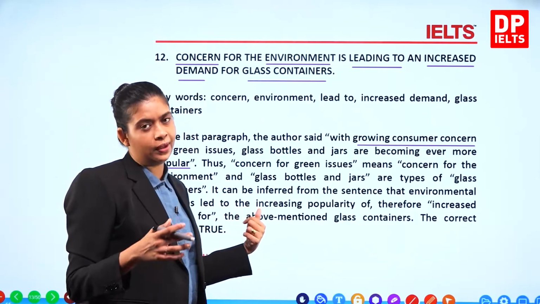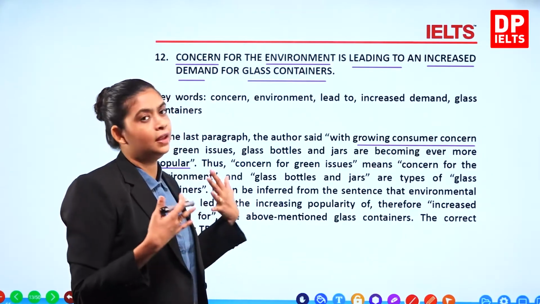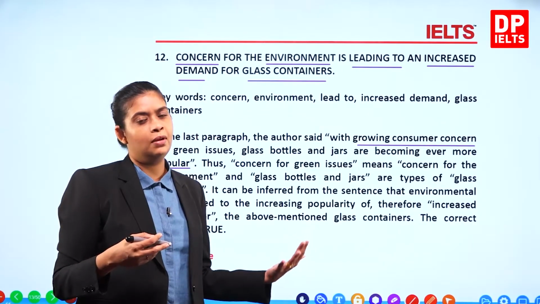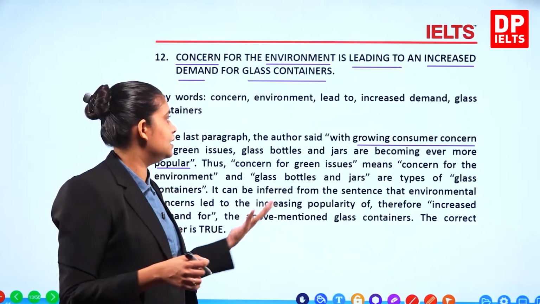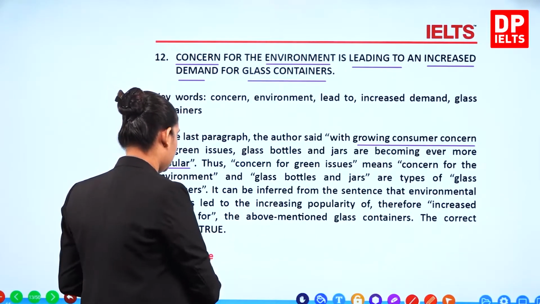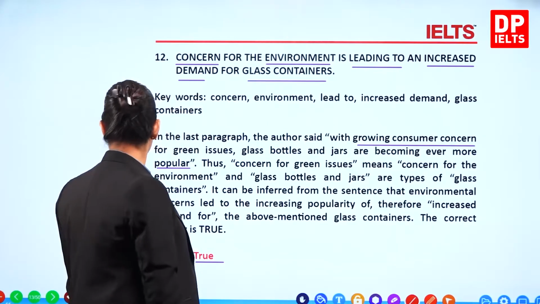So therefore, we can say that the increased concern about the environment has created an impact on the demand for glass containers, and that also has increased. So I would take the answer as true.